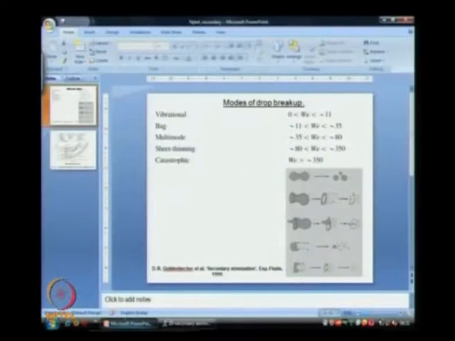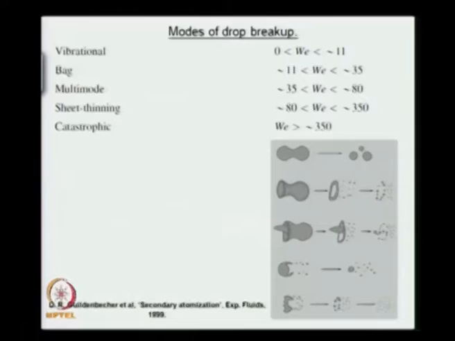Okay, so this is a situation of about order 1 Weber number and Ohnesorge number being order 10^-3, etc. So, let us see what these really mean in the case of a spray. We will first look at what Weber number means in the case of a spray.